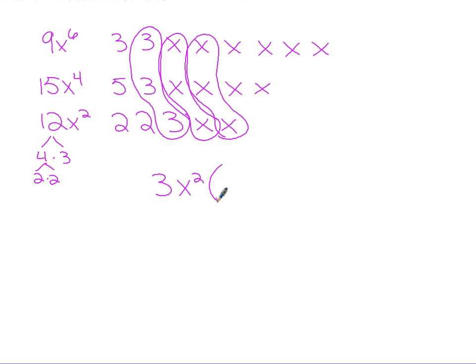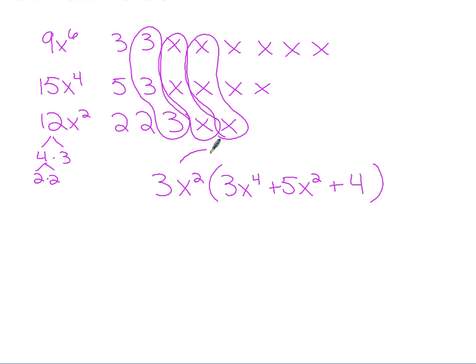Now, whatever's left goes inside our parentheses. So up top here, we have a 3 and 4 x's, so 3x to the 4th. And in this term, we have a 5 and 2 x's left, so positive 5 x squared. And then down here, we have these 2's. 2 times 2 would make that a positive 4. Now always double check, make sure you did it right.